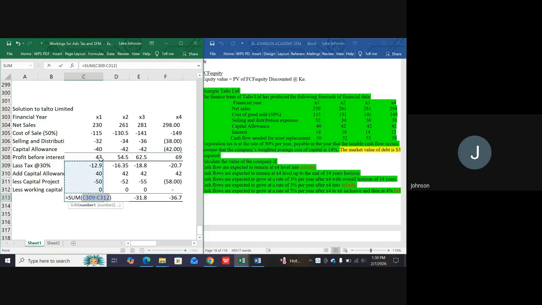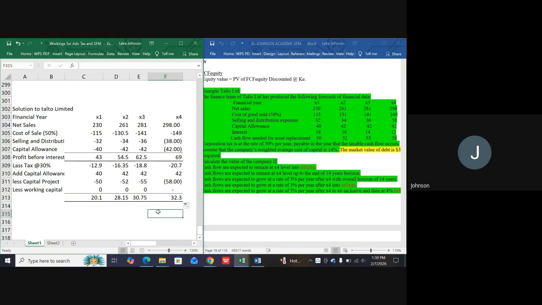No, I want it to be from here to here. Enter. Okay, I want to take this and drag it all the way. All right, so this is what we are able to get.